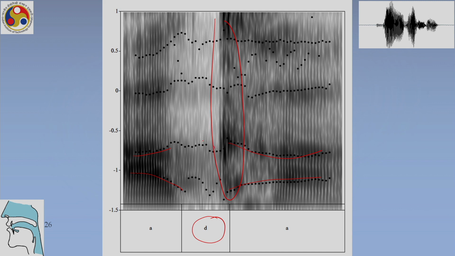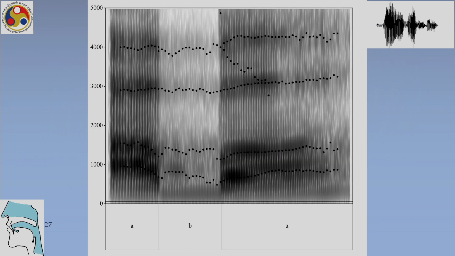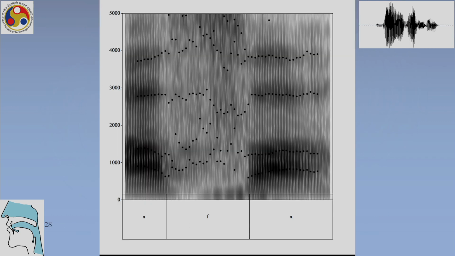We have a period of gap here, showing that this is a stop, and then a release burst spectrum. Similarly for aba, again we have transitions, and then a release burst spectrum, which is not very strong.